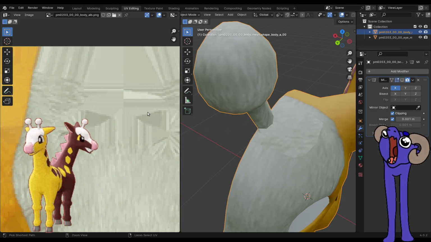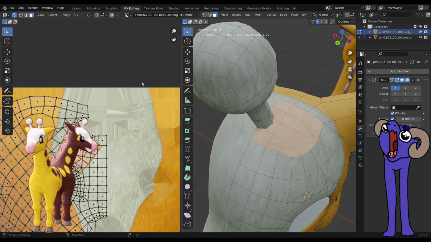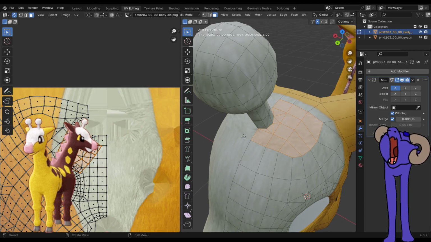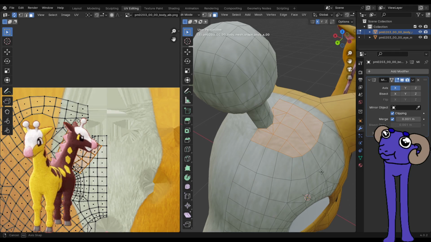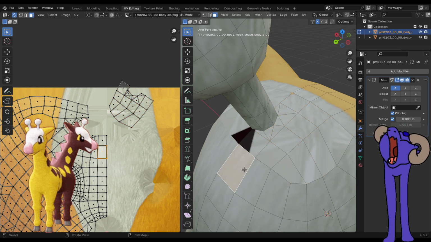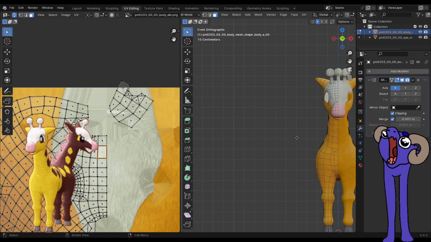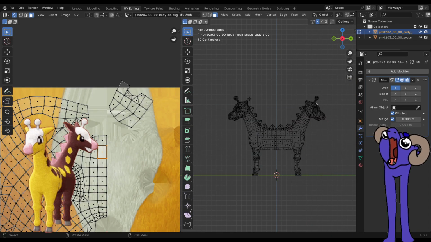Took on a noticeable seam. This is going to be more difficult than I thought it was going to be. Okay, so honestly, let's just hide the back head a sec, or the front head.